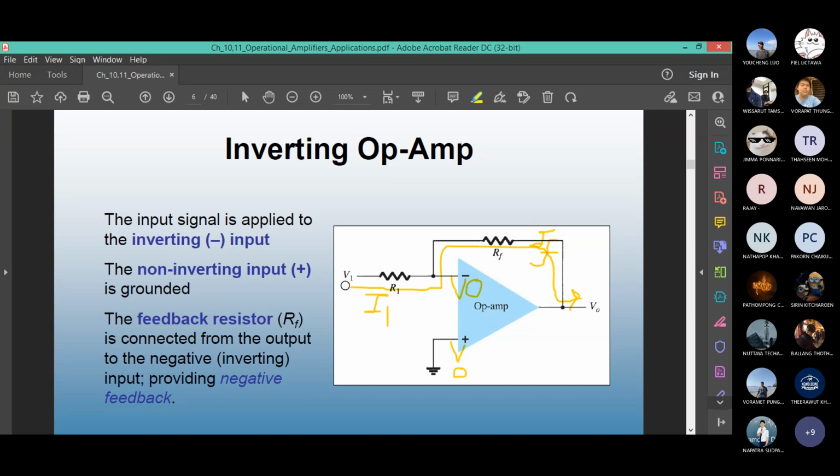Ohm's law: V1 minus V minus, which is 0, V1 over R1, equals IF. IF is V minus minus V out, 0 minus V out over RF. So the equation becomes V1 over R1 equals minus V out over RF. So the gain V out over V1 equals minus RF over R1.